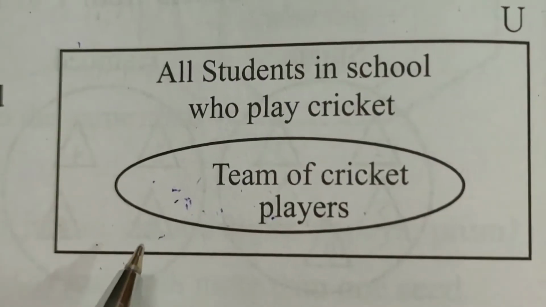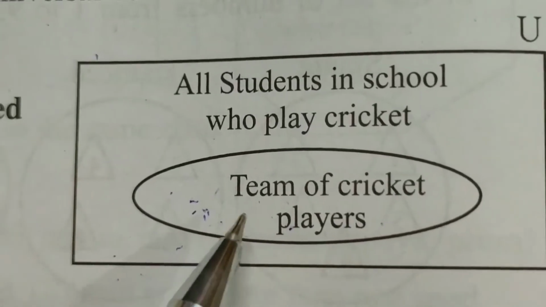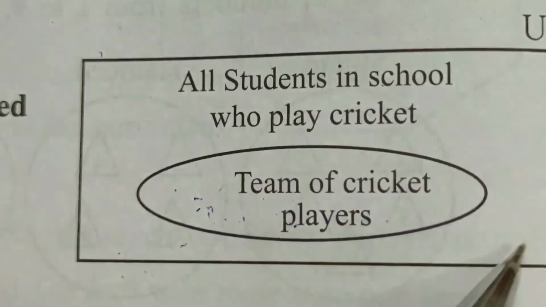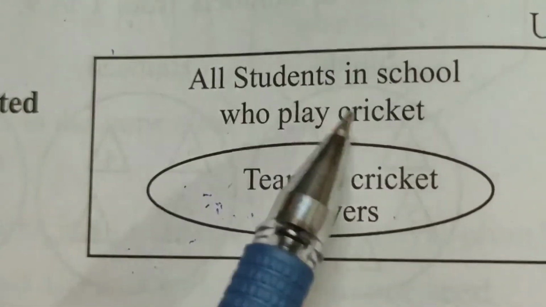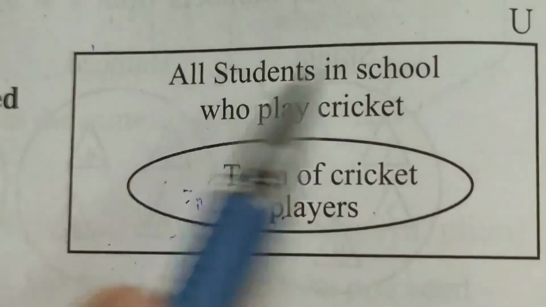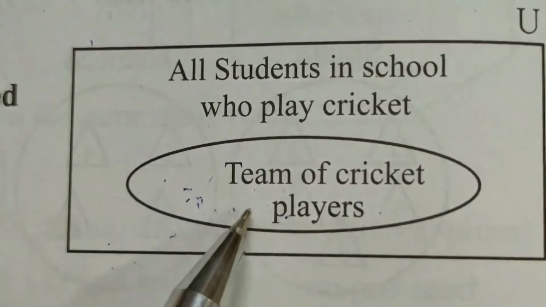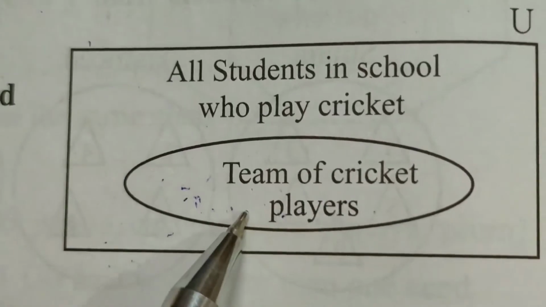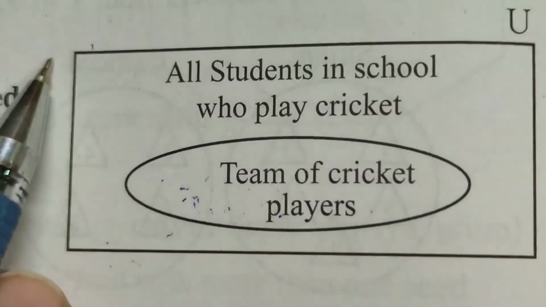Suppose a cricket team of 15 students is to be selected from a school. So we will gather all the students in school who play cricket. That is our universal set because it is bigger in number. And from all those students we will select 15 players for our team. So that is a subset of the universal set.